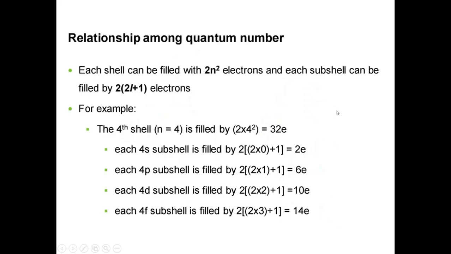And relationship among quantum numbers, each shell can be filled with 2n to the power of 2 electrons, and each subshell can be filled by 2 in the bracket 2l plus 1 electrons. And for example, the fourth shell, n equal to 4, is filled by 2 times 4 to the power of 2, because yang ni formula dia.